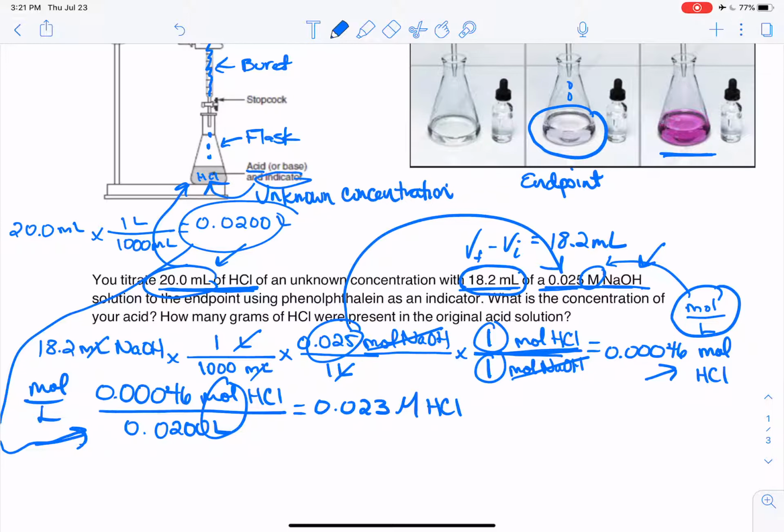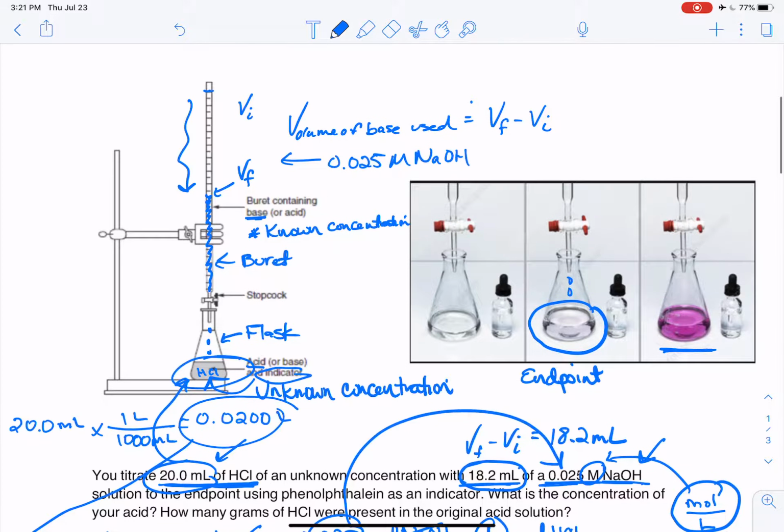And the way that we say that is we have a 0.023 molar HCl solution. So I'm sorry about the jargon there, but that's how we do it. So that's how we figured out what the concentration of that acid solution was using the volume and the concentration of the base that was in our burette.